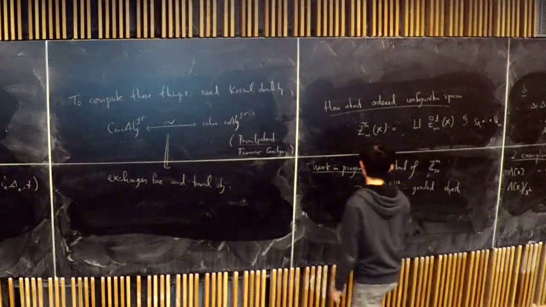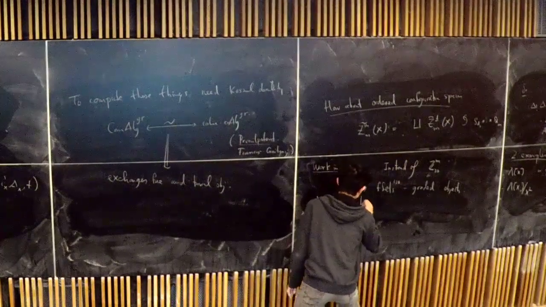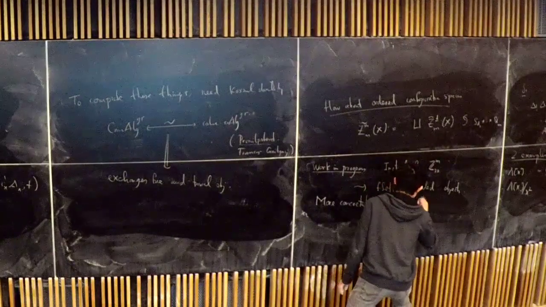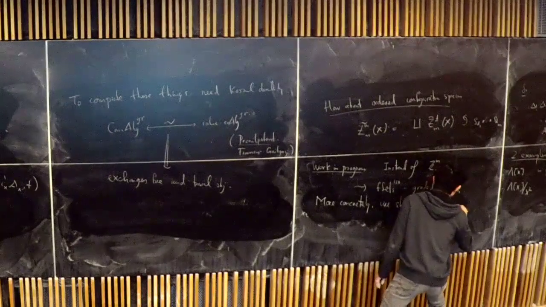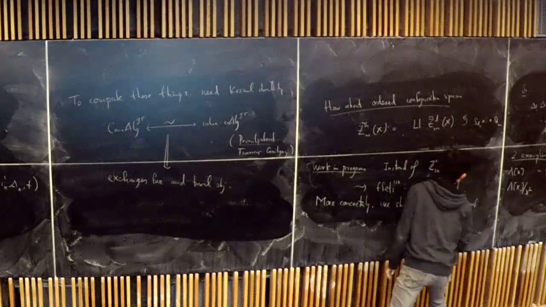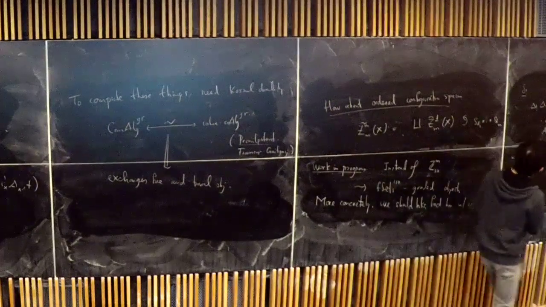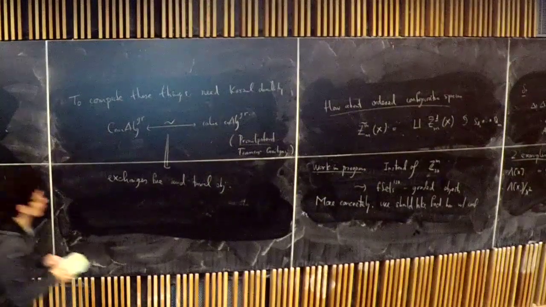And so more concretely, we should take factorization homology with coefficients in commutative algebra objects in this category.